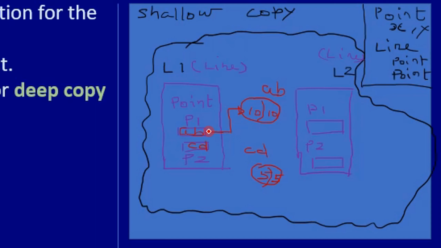The location itself is a heap location, because Line 1 is constructed on the heap, and in that heap location we have a reference for Point P1, which contains the address of some other location in the heap, AB, and inside that AB we have X and Y. X and Y are value types, and here we don't store any address; instead we directly store the value. So X is 10 and Y is 10 for Point P1. Similarly for Point P2, X is 5 and Y is 5.